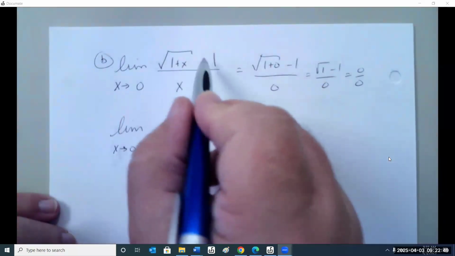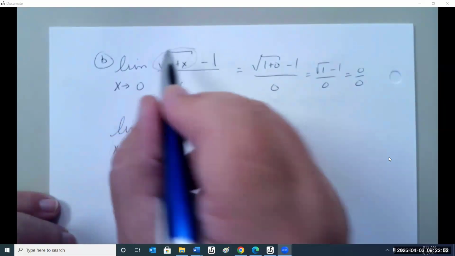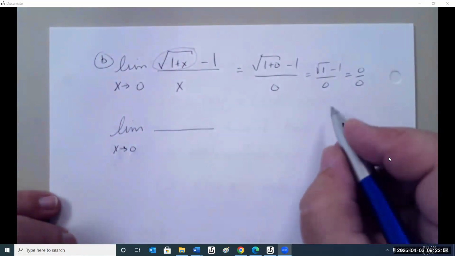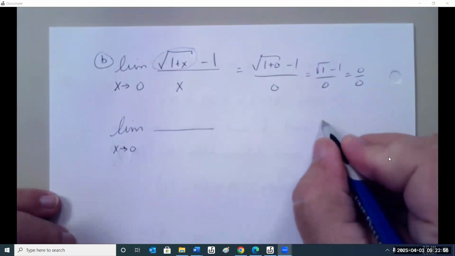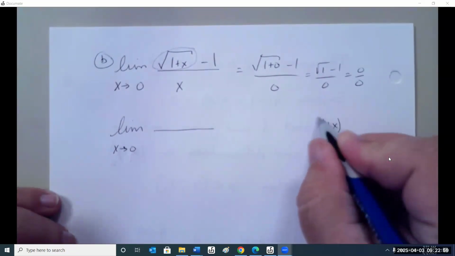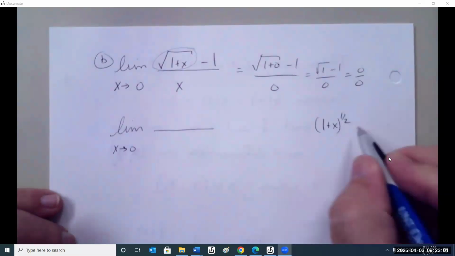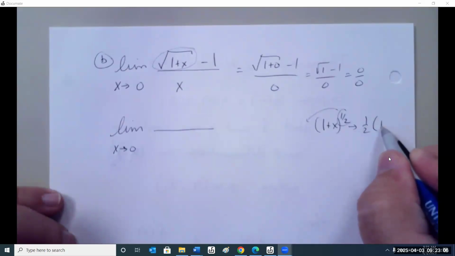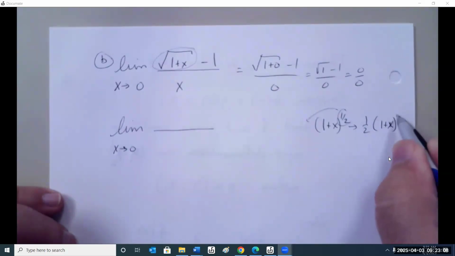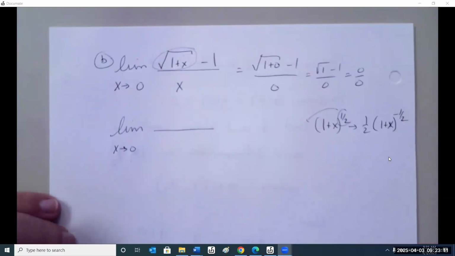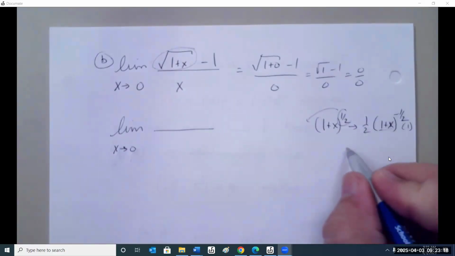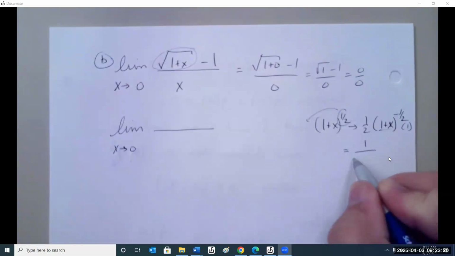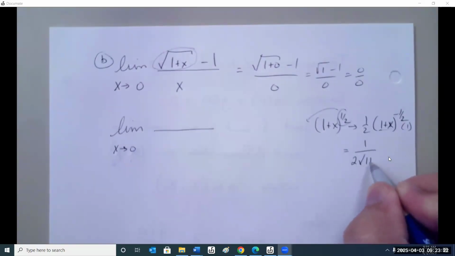We have this number here. How do we take a derivative of that? This is 1 plus x to the power 1/2. So the derivative of that is the chain rule. Subtract 1, times the derivative of the inside, which is 1. So we get 1 over 2 square root of 1 plus x.